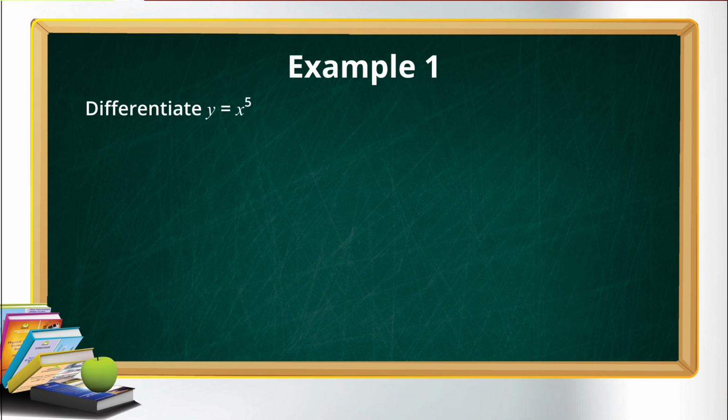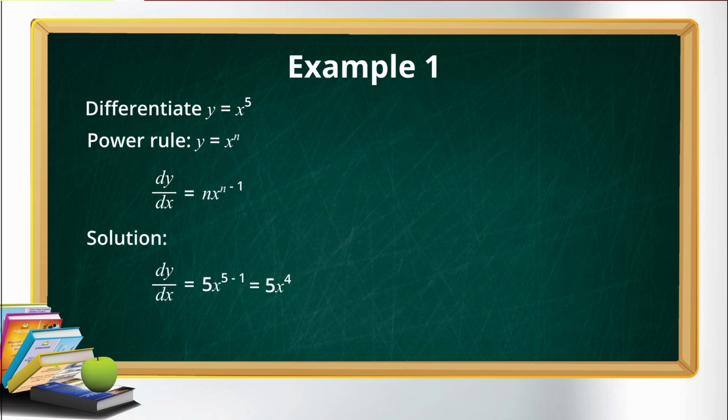Now decrease the exponent by 1 to get 4. If you look at the power rule, you will see that there is an n at the front and n minus 1 is the new exponent. From y is equal to x to the power 5, apply the power rule to get dy/dx is equal to 5 times x to the power of 5 minus 1, which is equal to 5x to the power of 4.